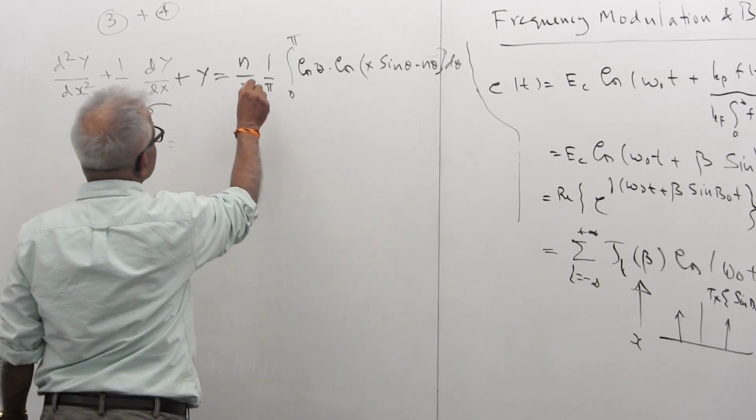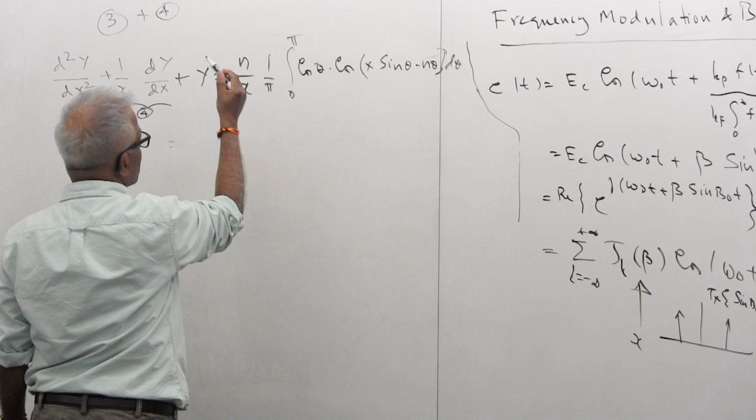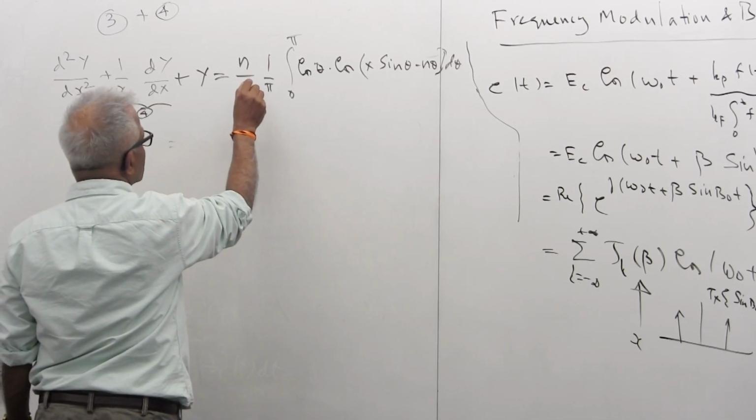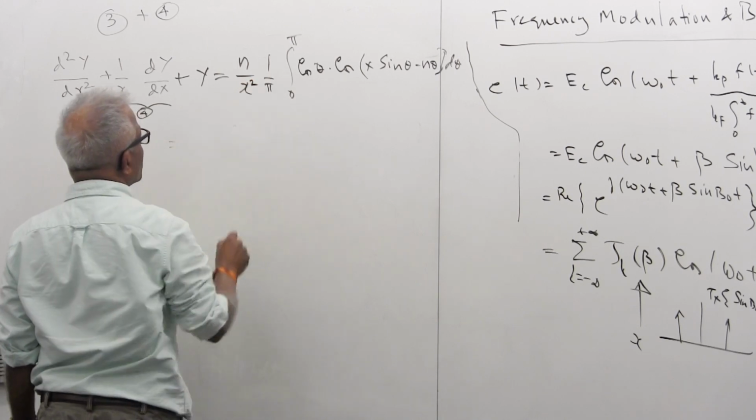Okay, now, because of the Bessel differential equation, there's an x squared term, so I'm going to make this x squared.